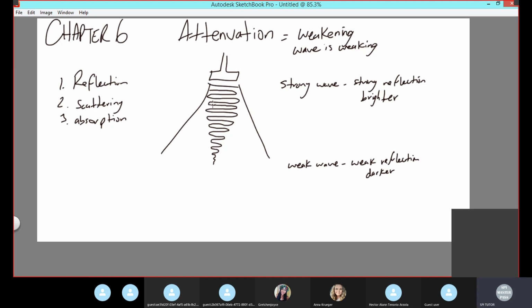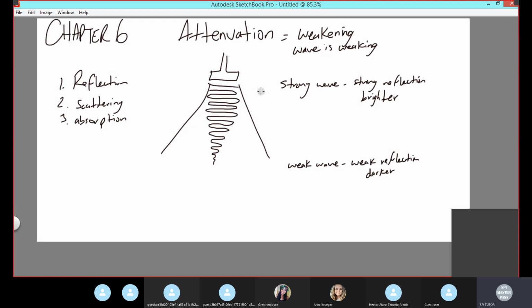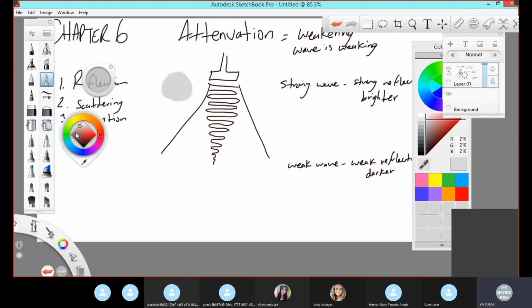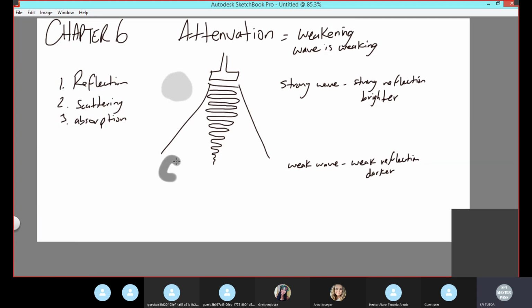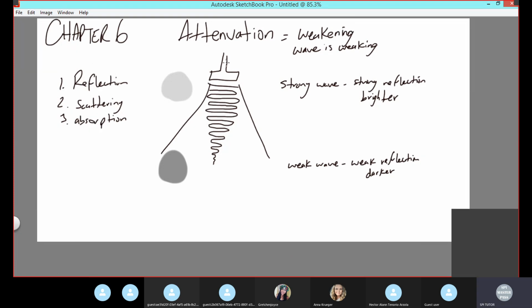So the big takeaway from this attenuation is how things look. So in the near field, they're going to look bright. In the far field, they're going to look dark. Now here's the thing. Let's say you have two masses, one in the near field and one in the far field.